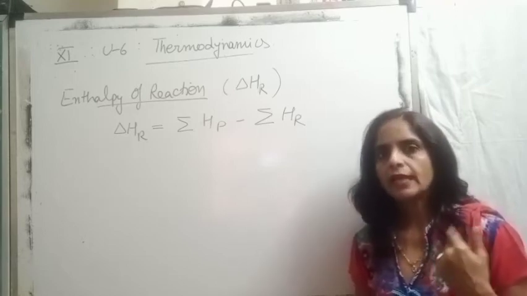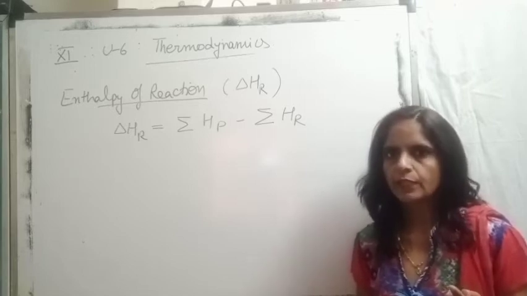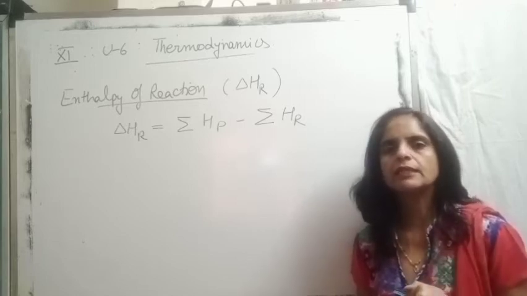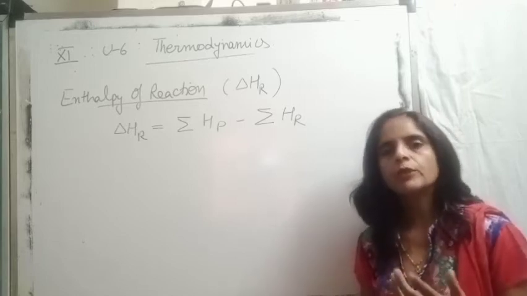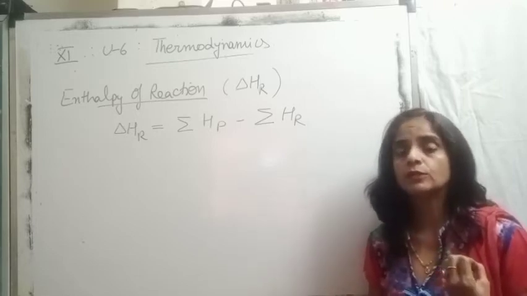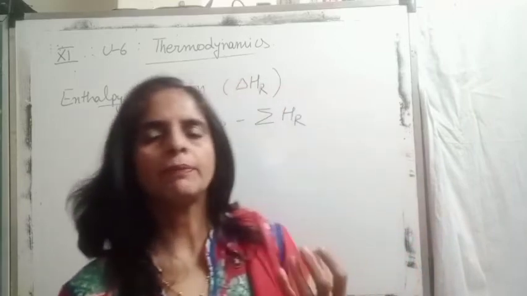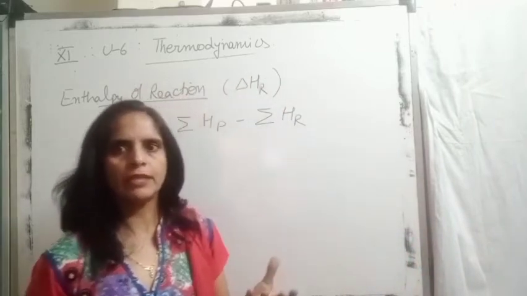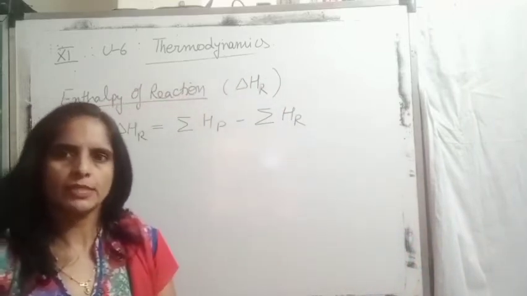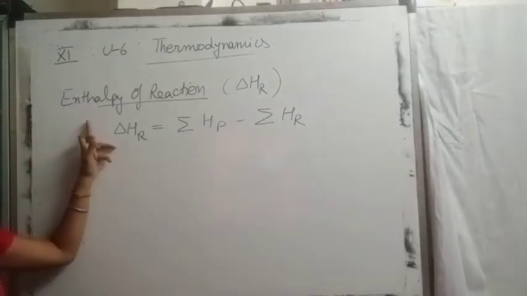During an exothermic process, delta H is negative. During an endothermic process, delta H is positive because heat is absorbed. So enthalpy change or heat change that takes place during a chemical process is termed as enthalpy of reaction.